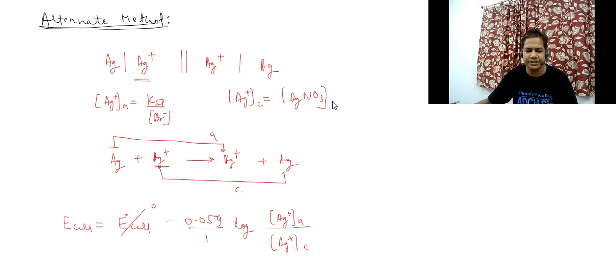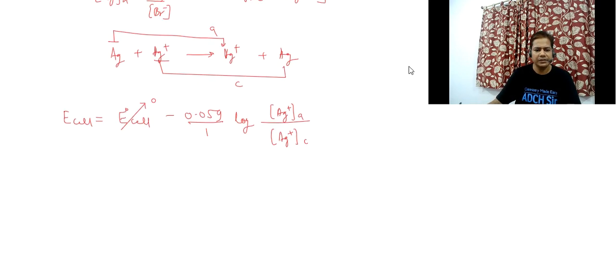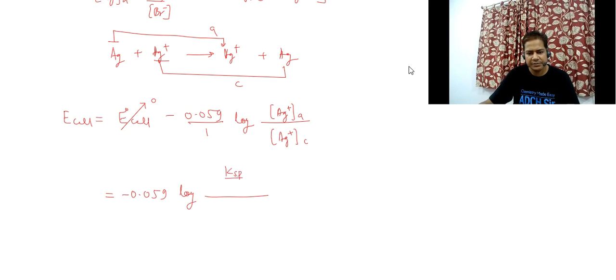For a concentration cell, E naught cell is 0. Now we solve it. This comes out to be minus 0.059. Let us put the values of Ag plus at anode and Ag plus at cathode. Ag plus at anode is Ksp upon Br minus, and Ag plus at cathode will be concentration of AgNO3.